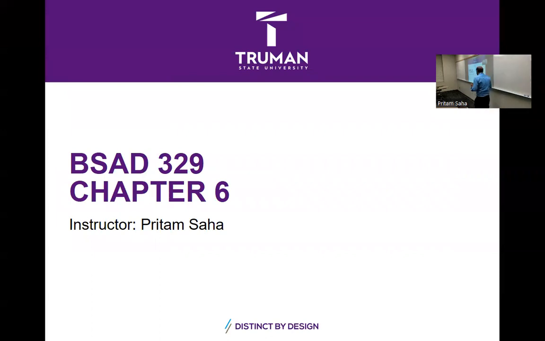So far, we talked about present value and future value based on one cash flow, right? Maybe we are getting one cash flow today, and we are talking about the future value of that cash flow. Or we got one cash flow in the future, and we ask what the present value is today.